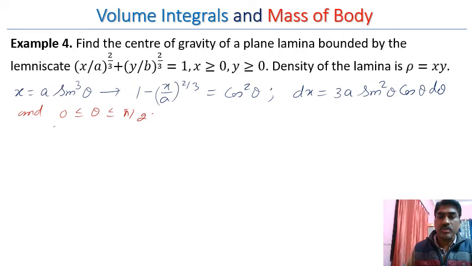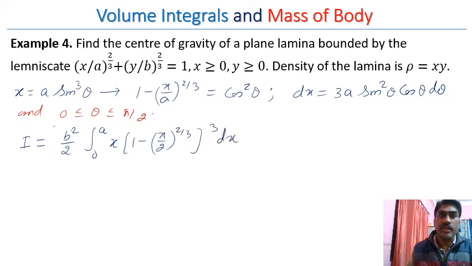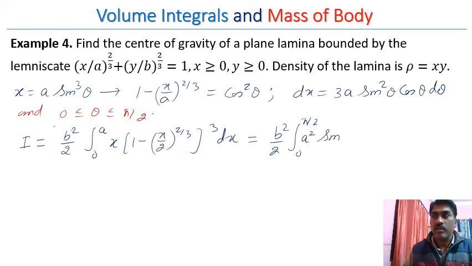So put the substitution in the given integral, so that we have I = b squared by 2 times the integral from 0 to a of x (1 - (x/a)^(2/3)) cubed dx, which becomes b squared by 2 times the integral from 0 to pi by 2 of a cubed a squared sin to the power 5 theta cos to the power 7 theta d theta. Put this substitution and you will get this.